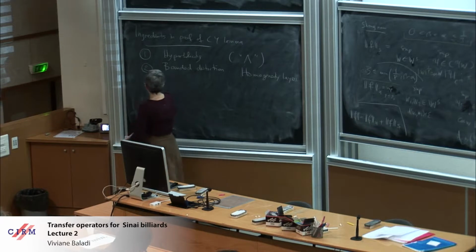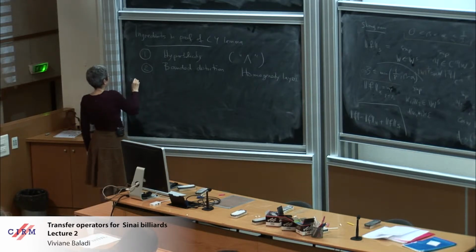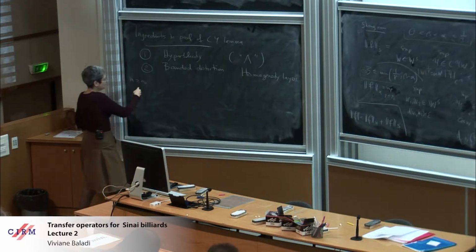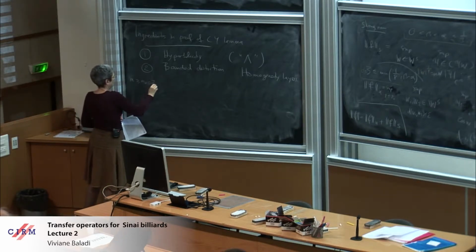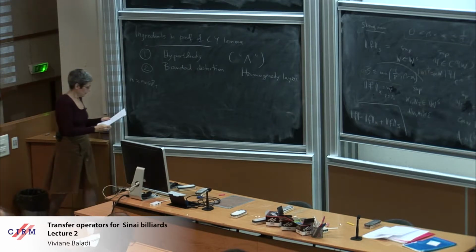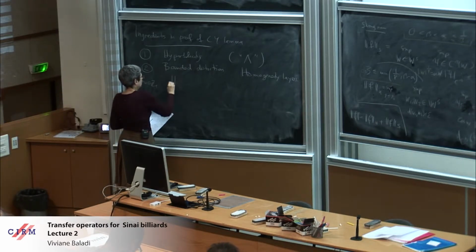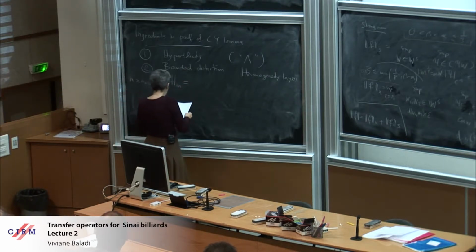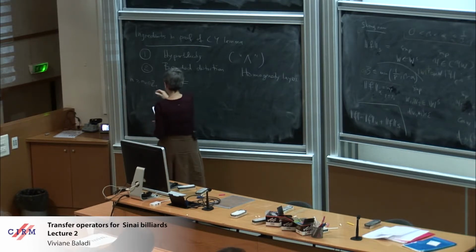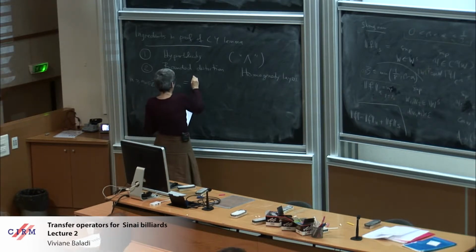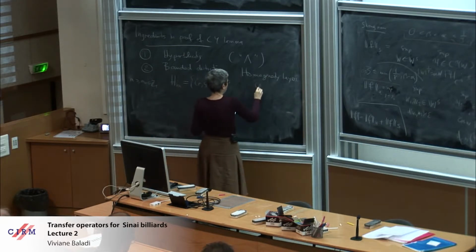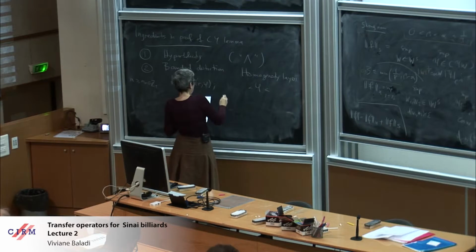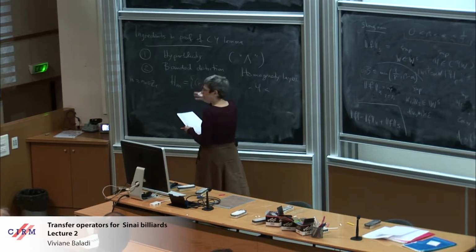So what are the homogeneity layers? You have to fix some integer m0 at some point. And what is a layer of index m? m is an integer, at least equal to m0. So you only look at angles which are 1 over m squared close to pi over 2.